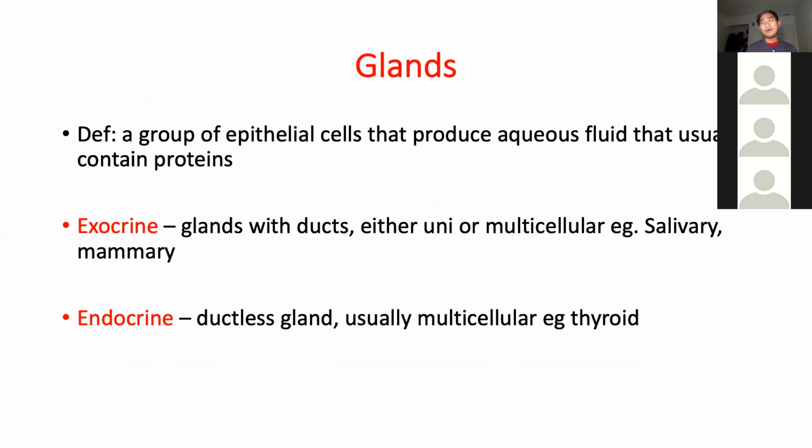And glands in our body, generally we can divide into exocrine glands and endocrine glands. Endocrine gland is a ductless gland. Ductless means the gland doesn't have any duct, so their secretions, their hormones, go into the blood vessel directly. Exocrine gland secretion goes into the duct and then finally gets into the body system.